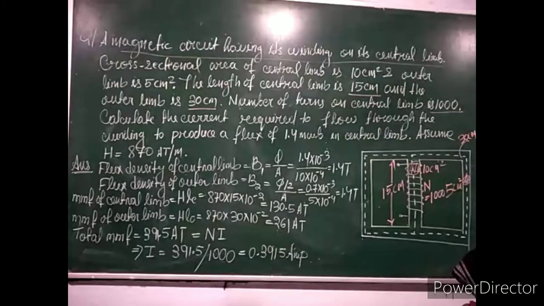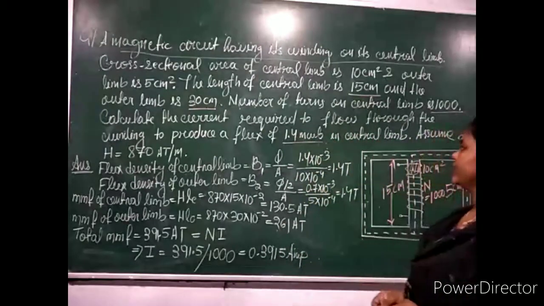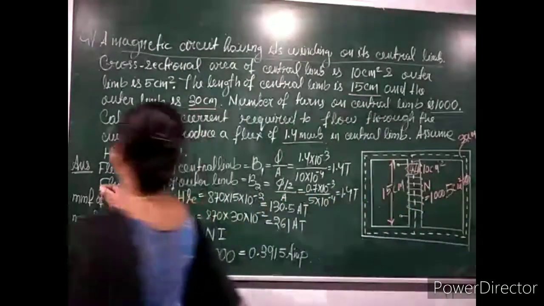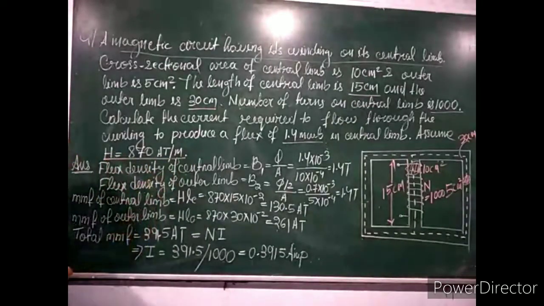Calculate the current required to flow through the winding to produce a flux of 1.4 milliweber in the central limb. Assume the magnetic field intensity H is 870 ampere turn per meter.